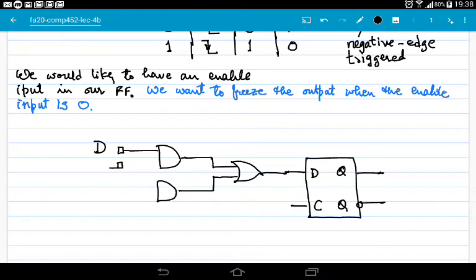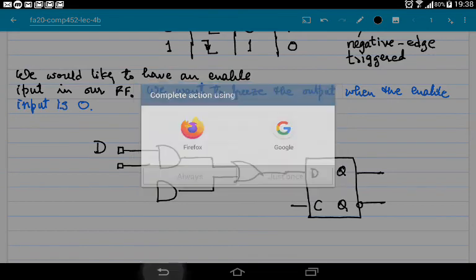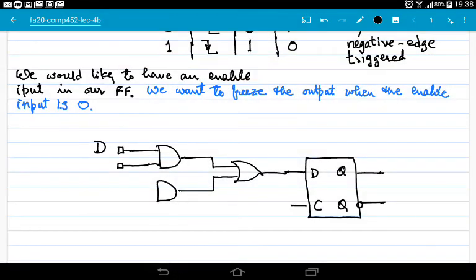Here we have enable input. This is enable input, let's call it en, and this same enable input goes through an inverter or NOT gate into the lower AND gate, and then we have this clock signal.